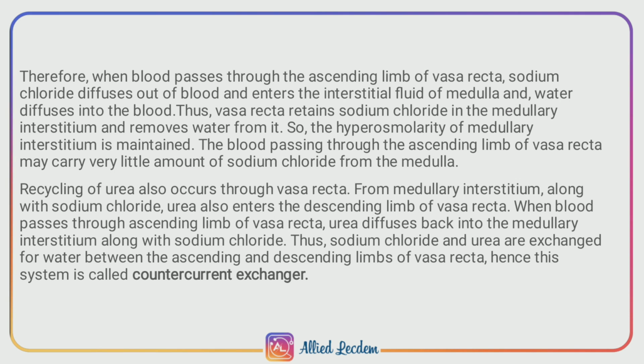Recycling of urea also occurs through the vasa recta. Sodium chloride and urea also enter the descending limb. When blood passes to the ascending limb, urea diffuses back into the medullary interstitium along with sodium chloride. Thus, sodium chloride and urea are exchanged for water between the ascending and descending limbs. Hence, this system is called the countercurrent exchanger.